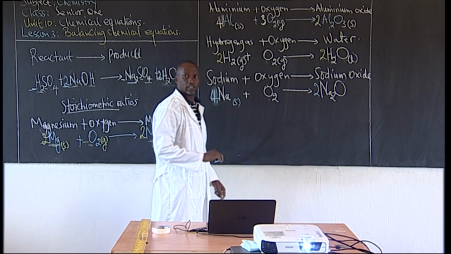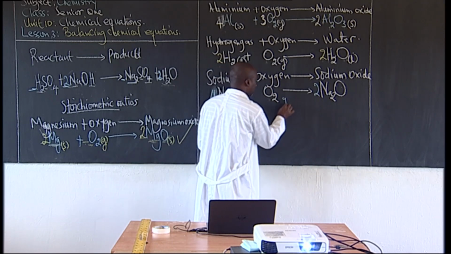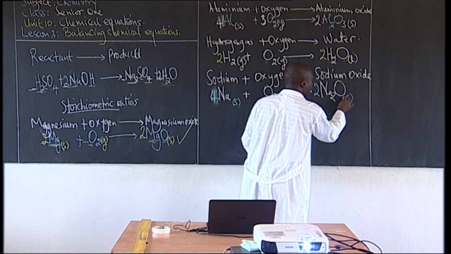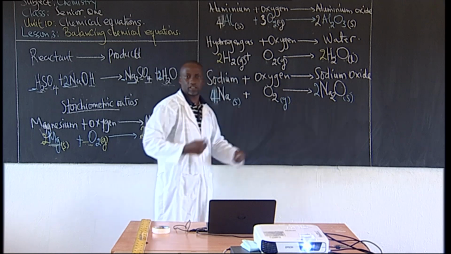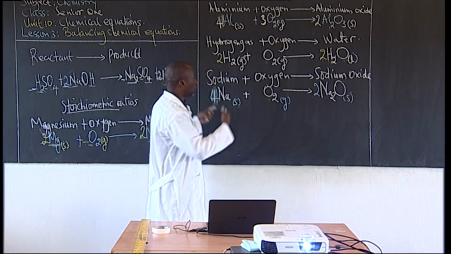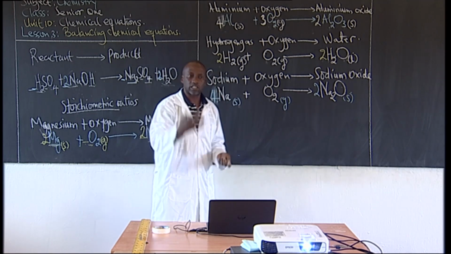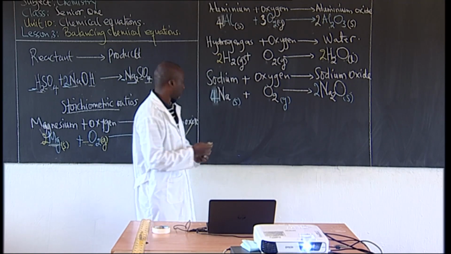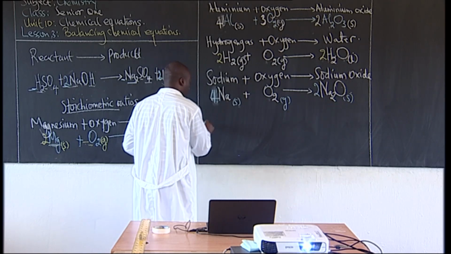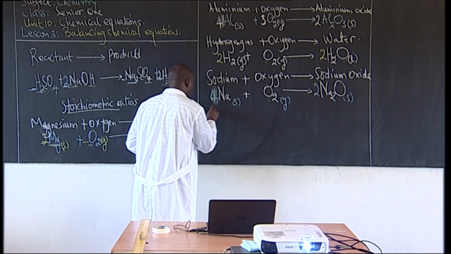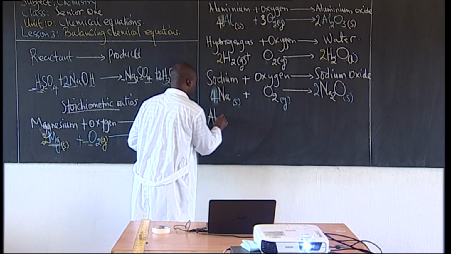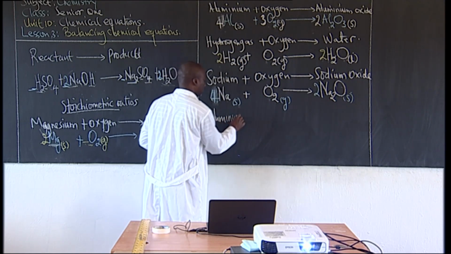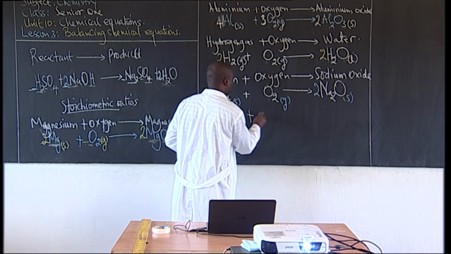What is next? The symbols. And what is next after symbols? Counter check and check to see whether the reaction satisfies the law of conservation of matter. Let me give another example. We have aluminium plus chlorine.